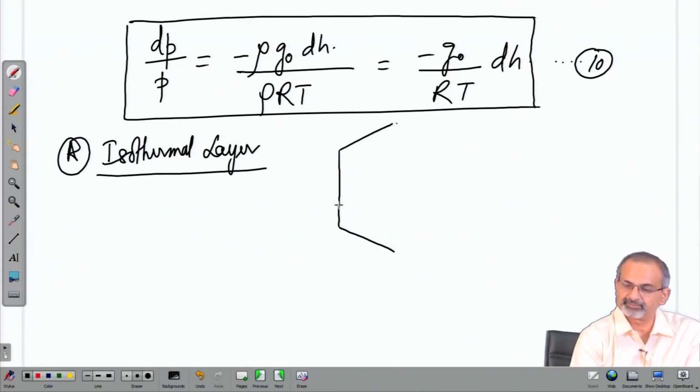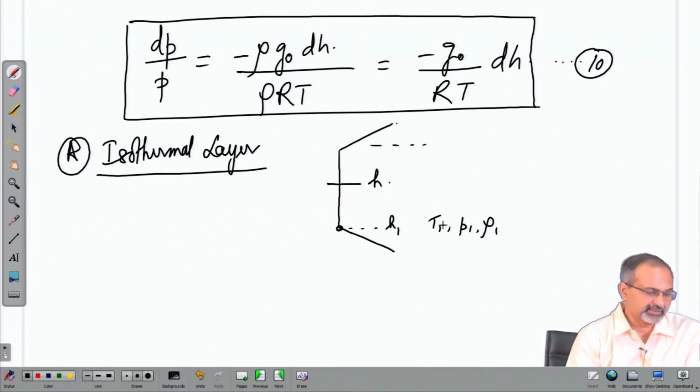Let us say this is the starting of the isothermal layer at an altitude h1 and you have an intermediate point at altitude h. Temperature, pressure, density are all defined like this: T1, P1, rho 1, etc. And of course, temperature remains constant in this entire layer.